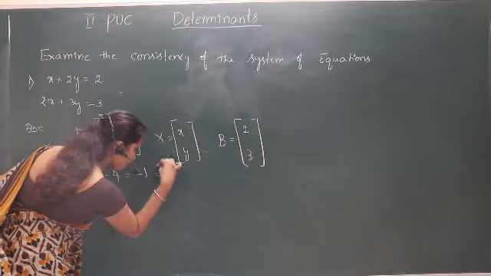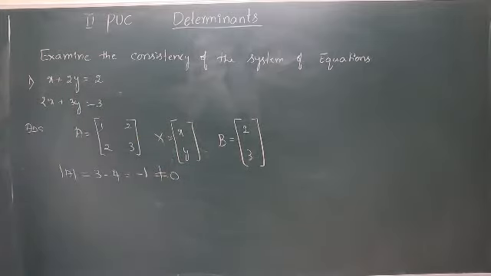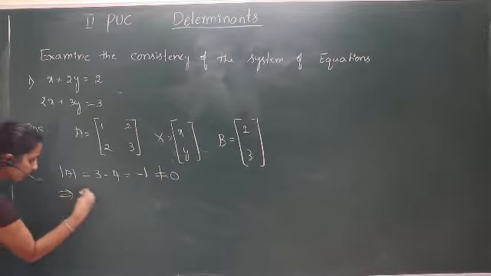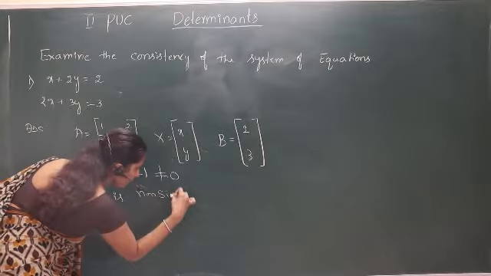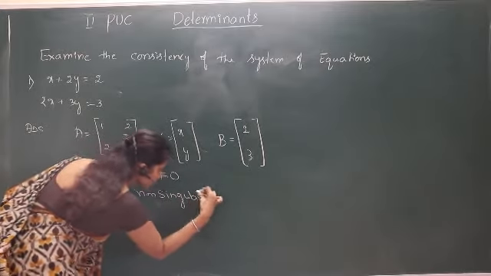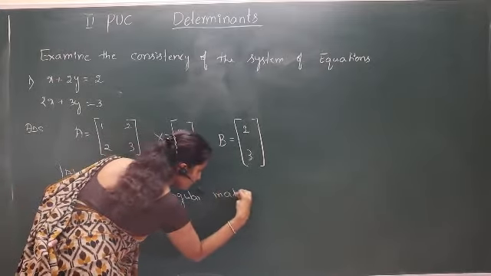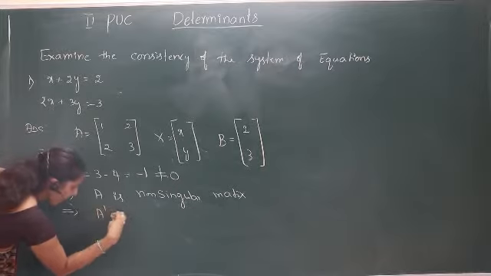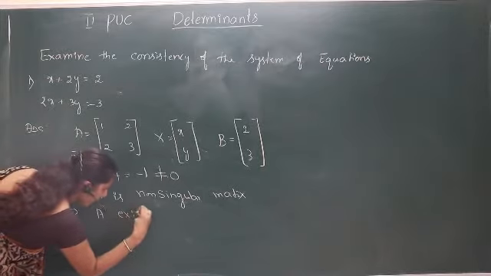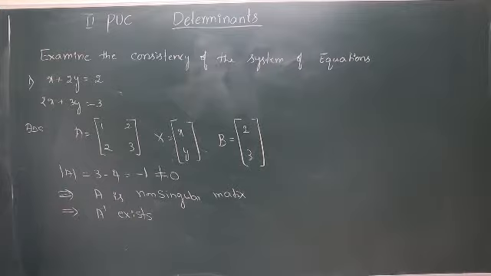So this is not equal to 0. That means the matrix is non-singular. If the matrix is non-singular, then A inverse exists. So A is a non-singular matrix, and this implies A inverse exists.